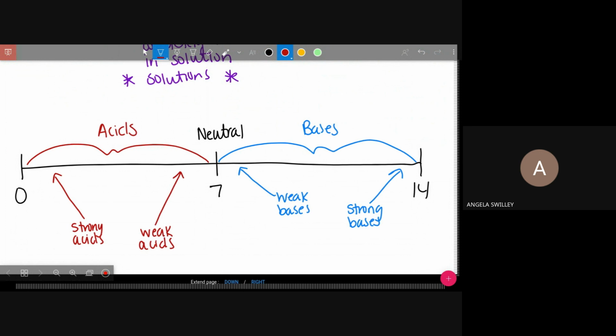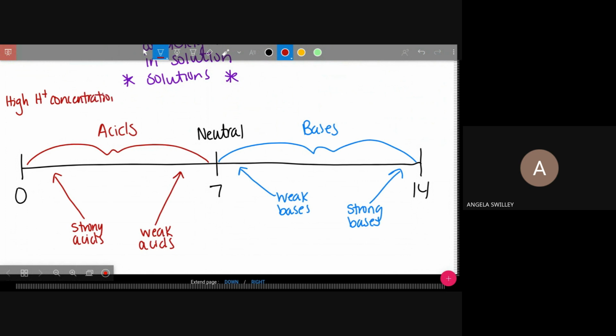Now, what did we say acids release into solution? Hydrogen. So which side do you think has a lot of hydrogen ions? The left. So over here, very high hydrogen ion concentration. We've already talked about concentration.